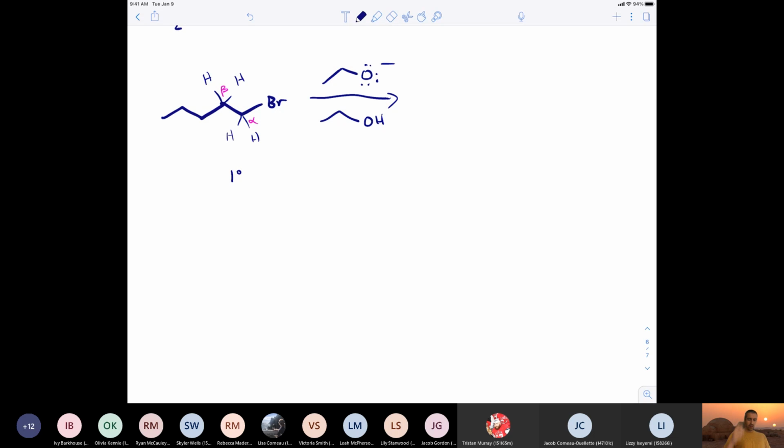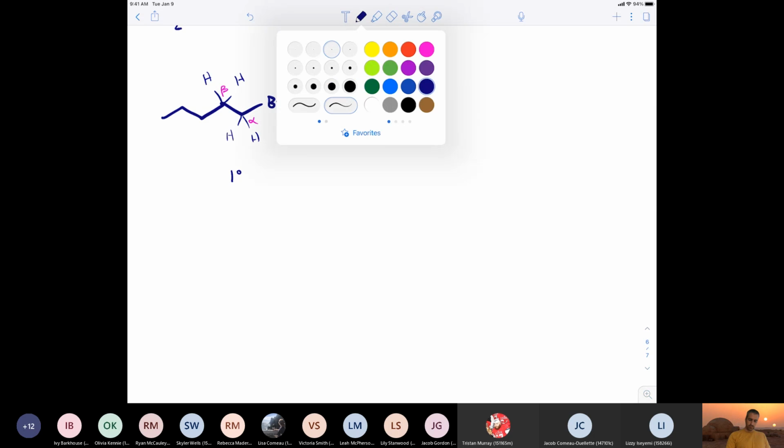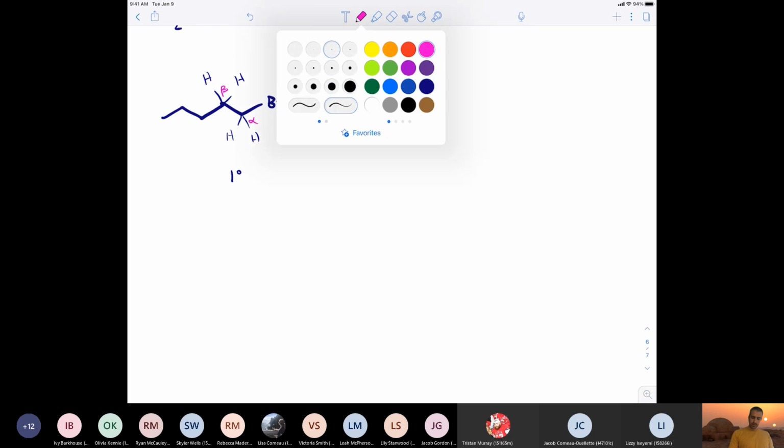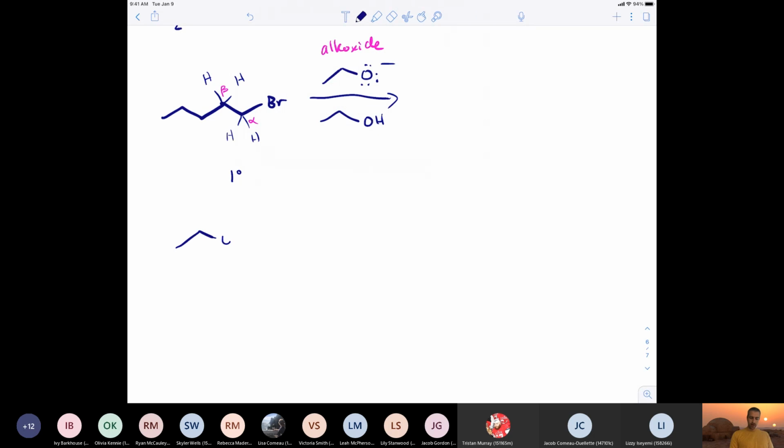This is what we call an alkoxide. Alkoxides are the conjugate bases of an alcohol. You make it by taking an alcohol, like ethanol, and reacting it with sodium metal. That will make the sodium alkoxide plus H2. I guess we need to balance that.